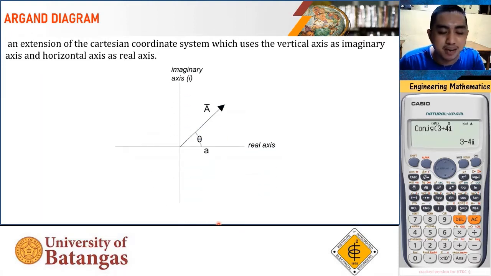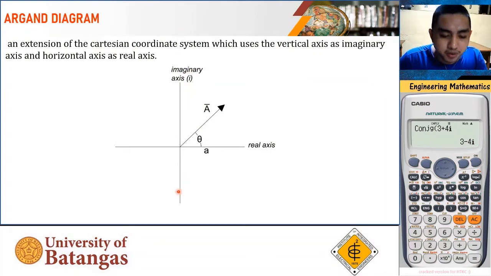Ang pinagkaiba lang nito, imbis na gamitin natin yung ating horizontal axis as x-axis, gagamitin natin siya ngayon as real axis. So ibig sabihin, itong axis na to is para sa real part. Then dun sa ating vertical axis, imbis na y-axis ang gamitin natin dito, gagamitin natin to as imaginary axis. So lahat ng imaginary part yung ilalagay natin dito.